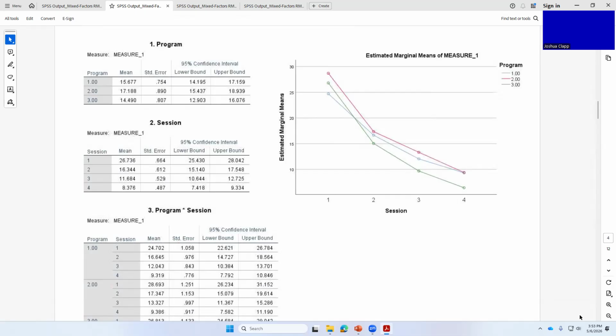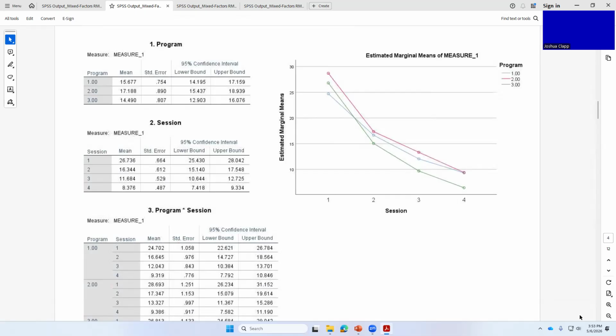Very clearly, we're seeing large dramatic reductions across the course of intervention, ignoring program. So individuals in our inpatient treatment center are showing substantial reductions in BDI from baseline to 6 weeks out. People following that? Okay.